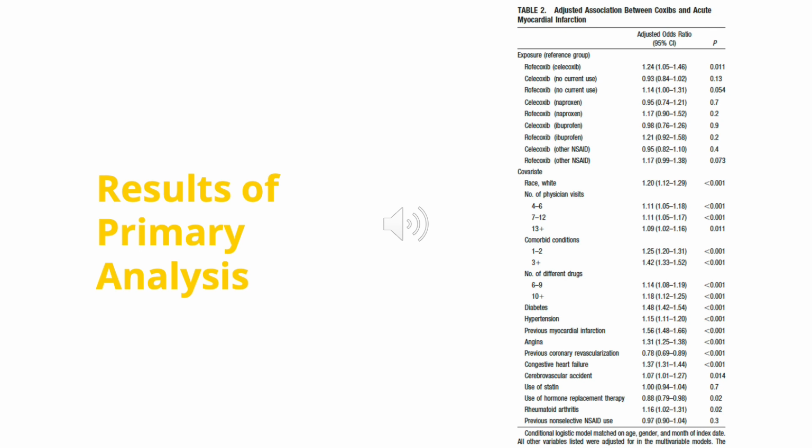So, for example, let's look at another one here for celecoxib compared to the other NSAID comparator. We can see that the adjusted odds ratio is 0.95, confidence interval ranging from 0.82 to 1.1.